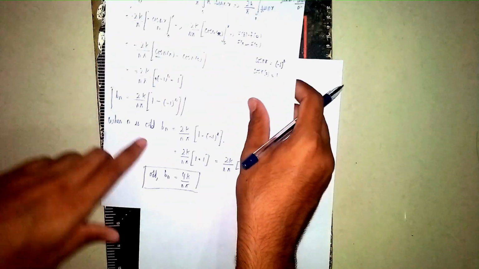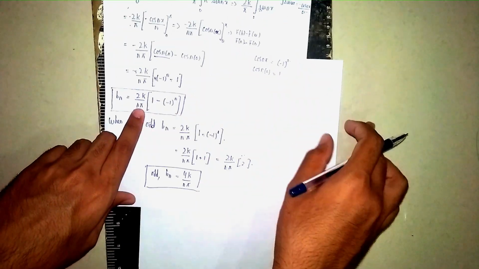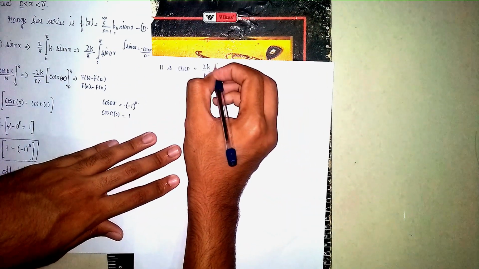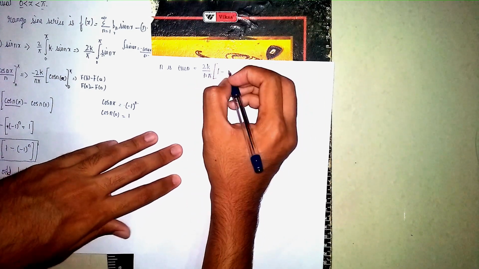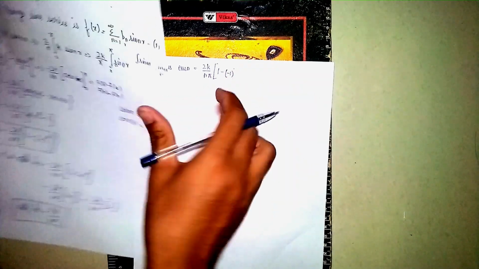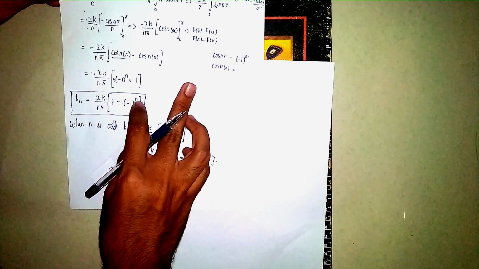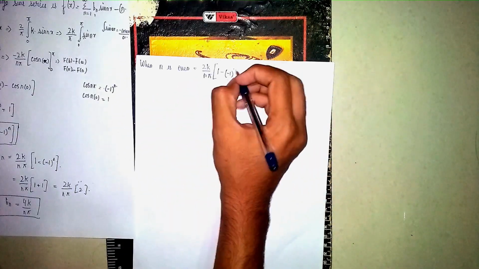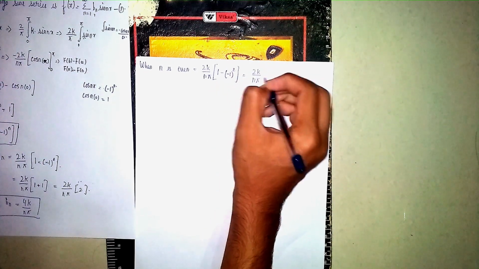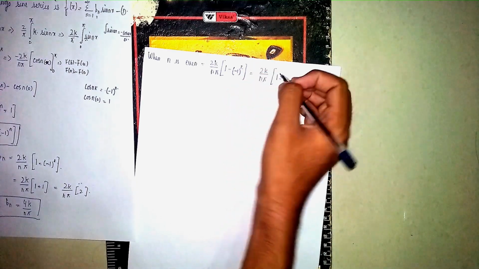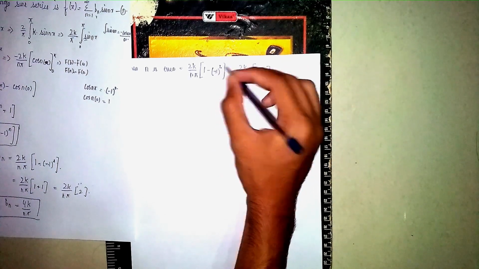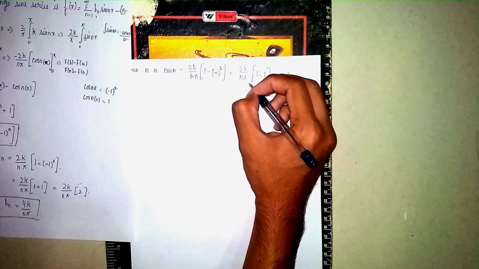It is 2k by n pi, open the square bracket, 1 minus minus 1 power, and instead of n we substitute an even value, which starts from 2, so minus 1 squared becomes 1. So 1 minus 1, and the whole term becomes 0.